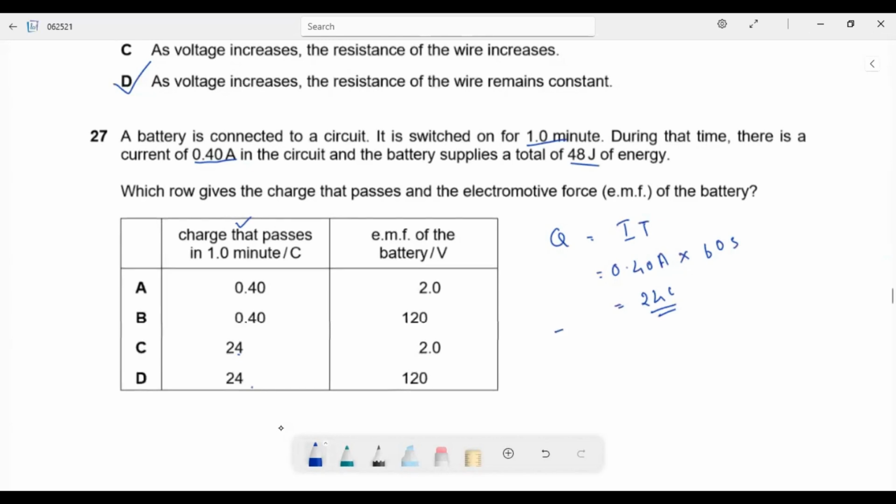So E is equal to QV and V can be written as E by Q. So the energy is given as 48 joules and Q, that is charge, we have already found, that is 24 coulombs. So 48 by 24, that is 2 volt. So here the right answer is C. 24 is the charge and 2 volt is the EMF induced.